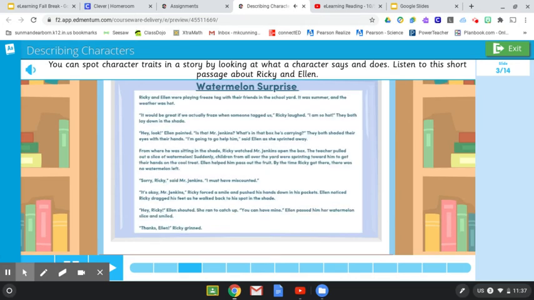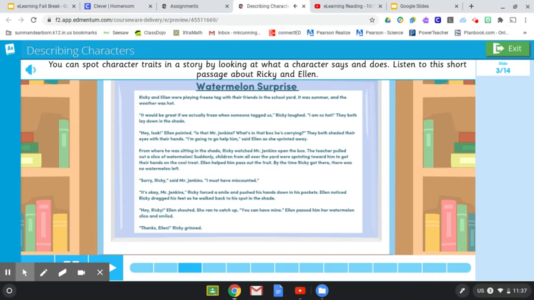Ricky and Ellen were playing freeze tag with their friends in the schoolyard. It was summer, and the weather was hot. "It would be great if we actually froze when someone tagged us," Ricky laughed. "I am so hot." They both lay down in the shade. "Hey, look," Ellen pointed. "Is that Mr. Jenkins? What's in that box he's carrying?" They both shaded their eyes with their hands.